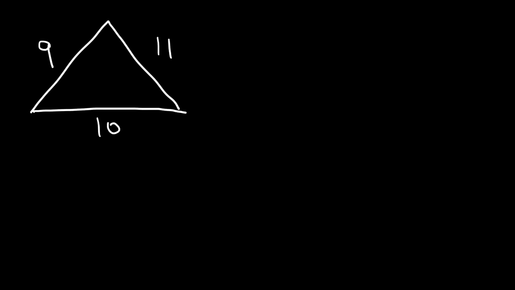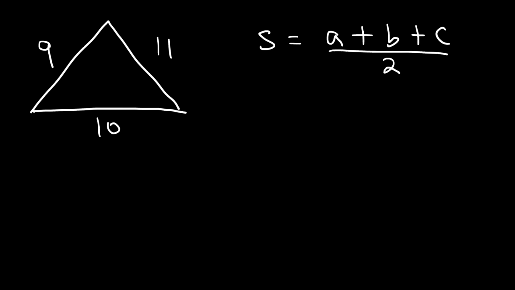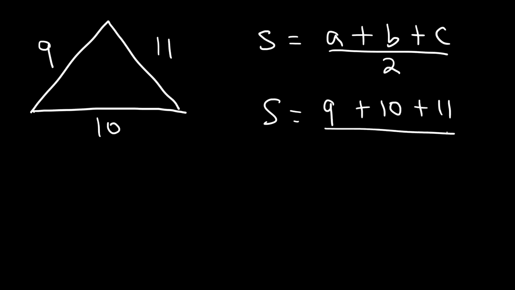Now there's something called Heron's formula. And to apply it, you need to find S, which is basically 1/2 of the perimeter of the triangle. It's A plus B plus C divided by 2. So we're going to add 9, 10, and 11, and then divide the whole thing by 2. 9 plus 10 is 19. 19 plus 11 is 30. And 30 divided by 2 is 15.